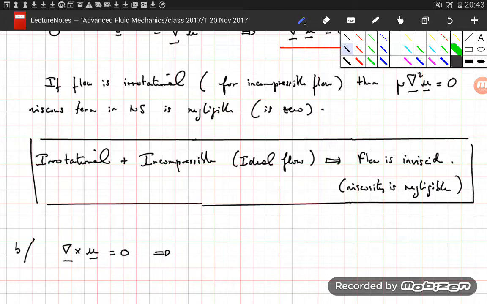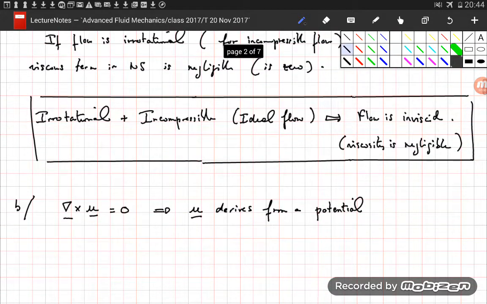That is a mathematical property. Any vector field which is curl-free derives from a potential. So if we are irrotational, then we can say that the velocity field u derives from a potential, a scalar function, which we call the potential. There is no physics involved in that. This is a mathematical result.